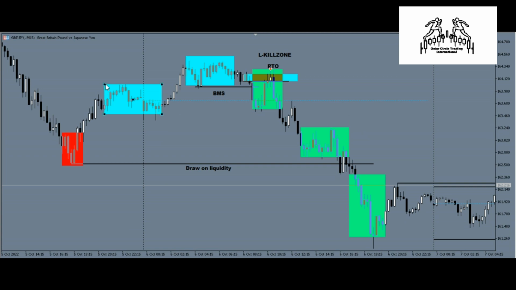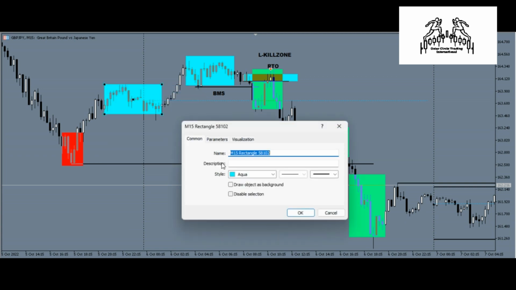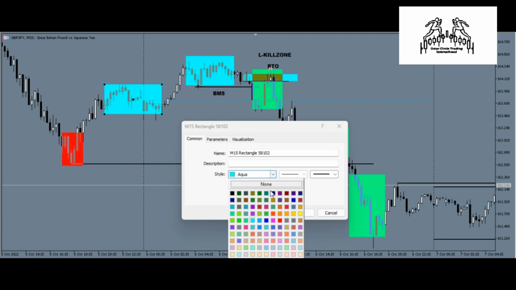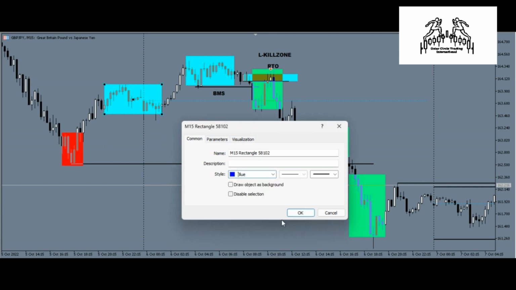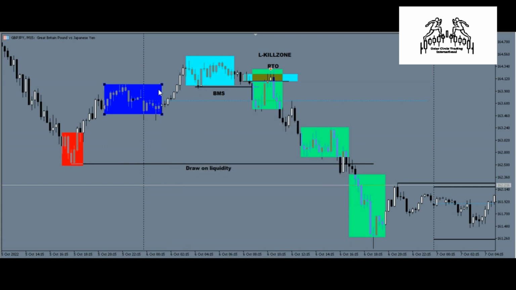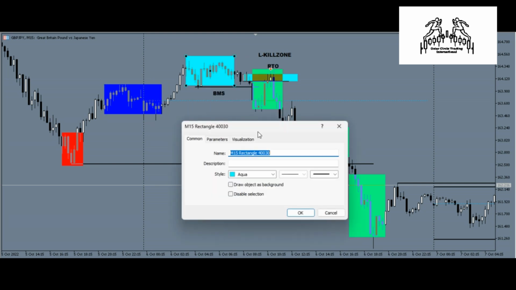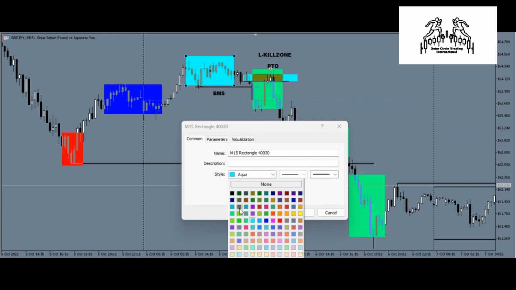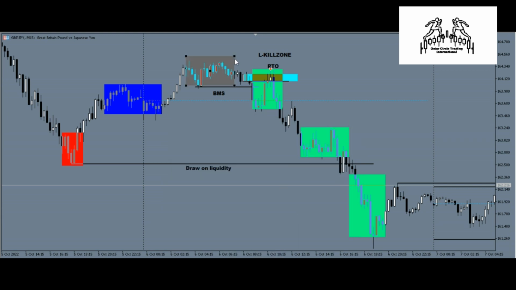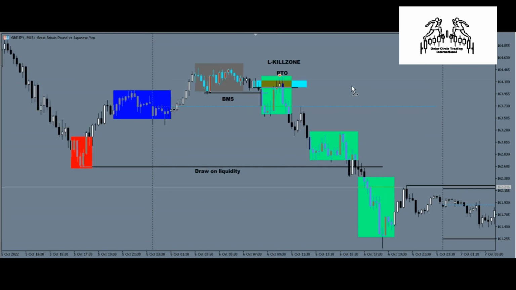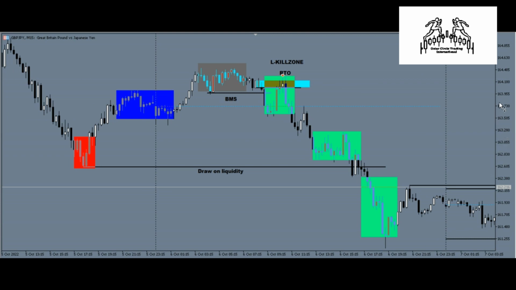So this is practical now. The things that I was talking about, you now can see them. How evident it is for you. So if you are trading this concept, as I've said before, if you want to be good in ICT concepts, you need to pick one or two.